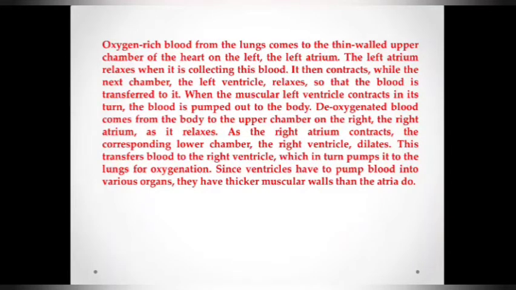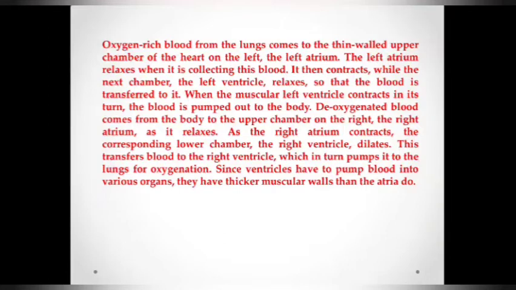Oxygen rich blood from the lungs comes to the thin walled upper chamber of the heart on the left, the left atrium. The left atrium relaxes when it is collecting this blood.